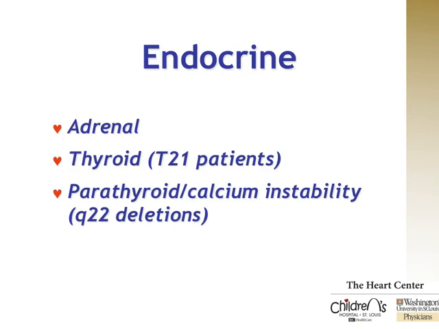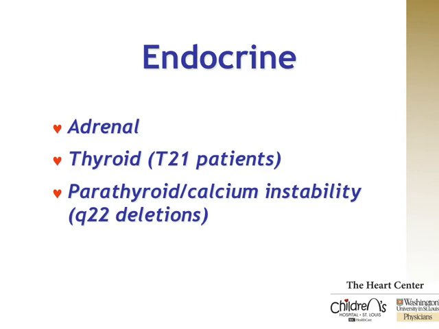And many centers are in the habit of testing kids for thyroid function prior to undergoing elective operations if they have Down syndrome, knowing that they may be at increased risk even if the prior screening has been negative.